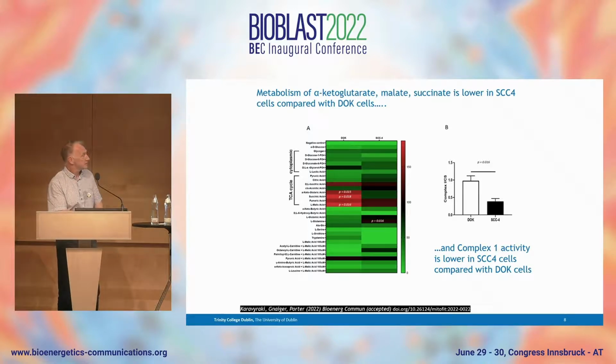Alpha-ketoglutarate was lower in SCC4 compared to DOC. It threw up this extra fact that succinate was higher in DOCs compared to SCC4s. And glutamine metabolism, presumably reflecting glutaminolysis, seemed to be higher in the SCC4 cells compared to the DOC cells.